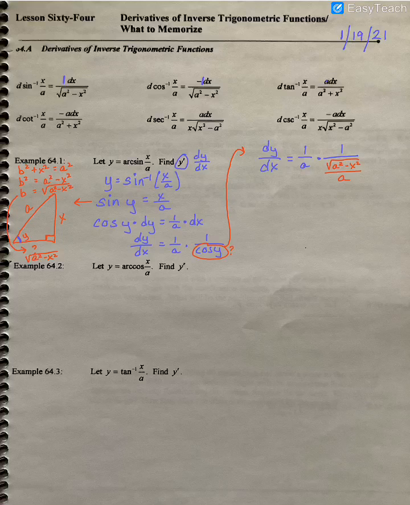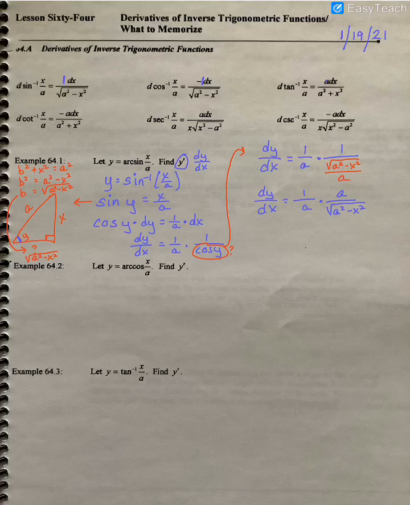And now, it's just a matter of cleaning this up and finishing it up. Dy over dx, I'm still going to say 1 over a. It's 1 divided by that fraction in red, and 1 divided by a fraction is going to be the same thing as multiplying by the reciprocal. So flip the a up to the top, and it's a over the square root of a squared minus x squared.